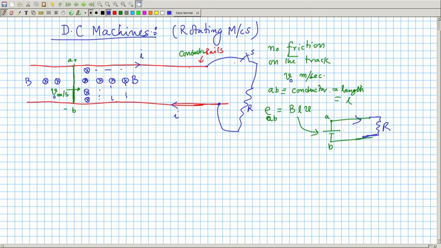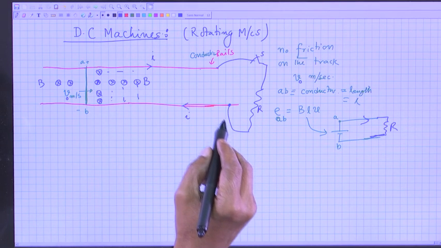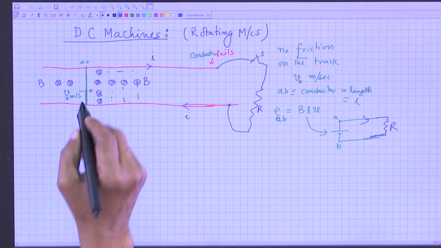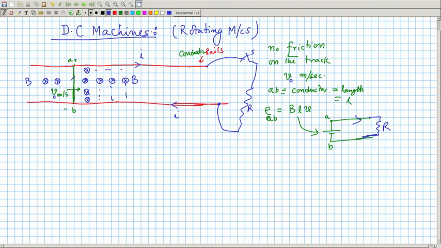Now, look here, the moment this conductor delivers power, current will also flow through this conductor, same current, series. Now, we know that a current carrying conductor placed in a magnetic field will experience a force, and the magnitude of the force is BIL.